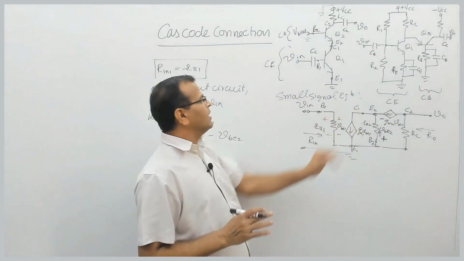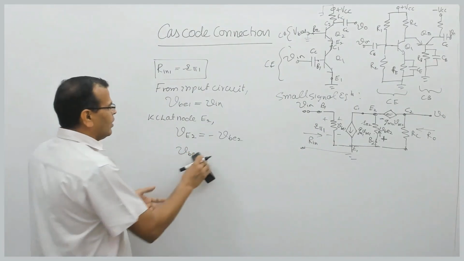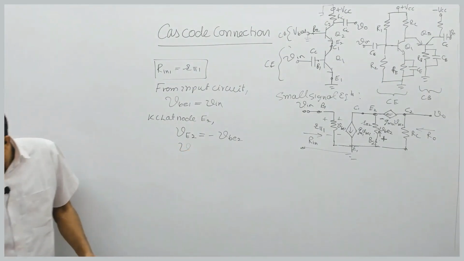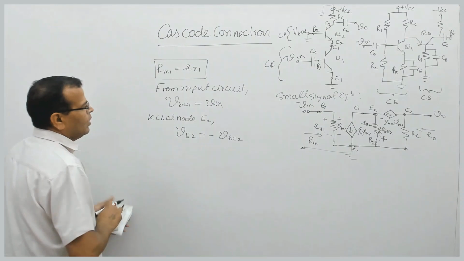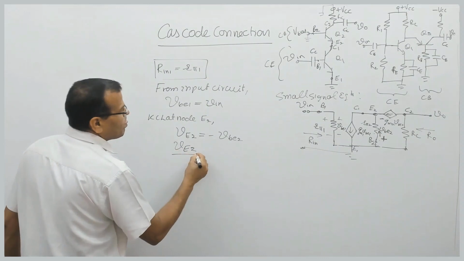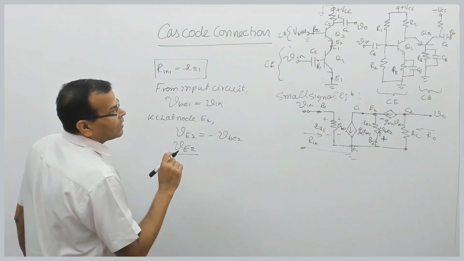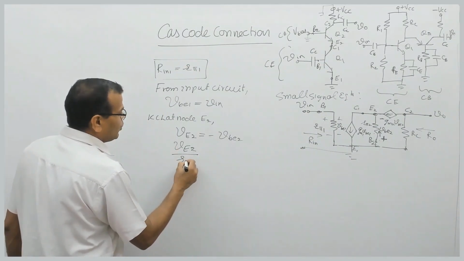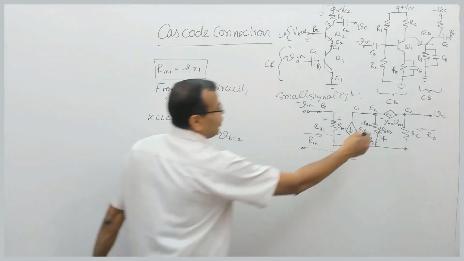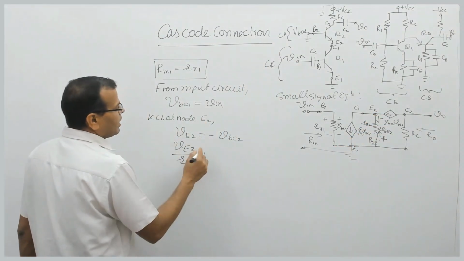So when you apply KCL at this node, what do we get? VE2 by R pi 2 is outgoing current, and I'm taking outgoing current as positive.